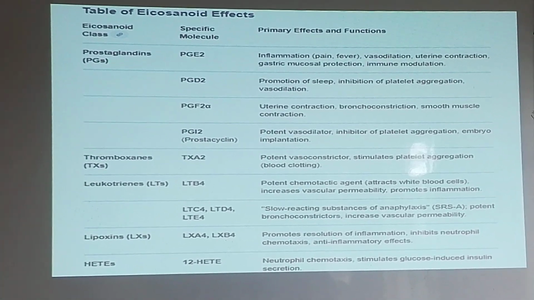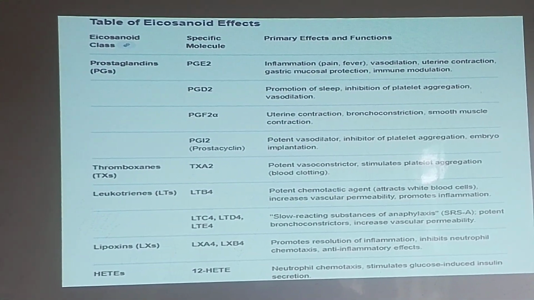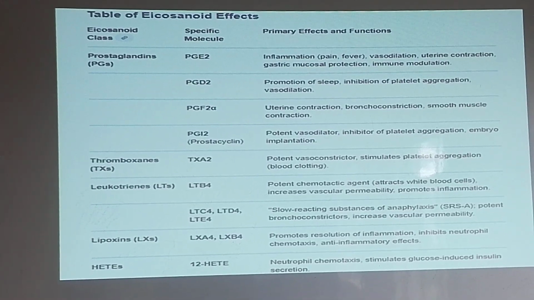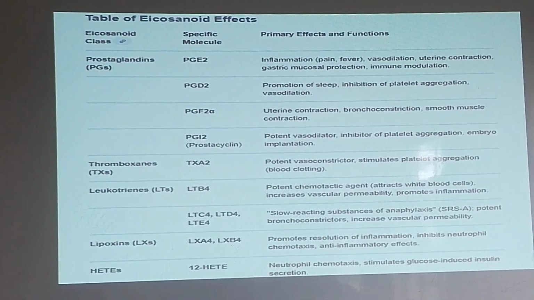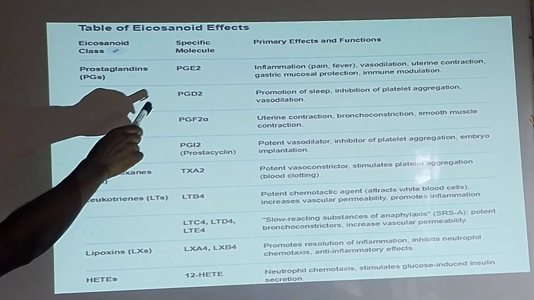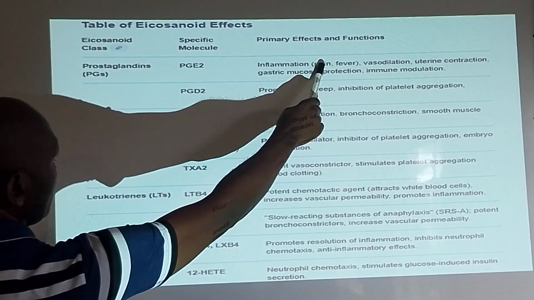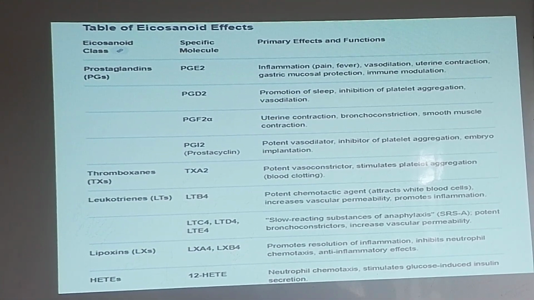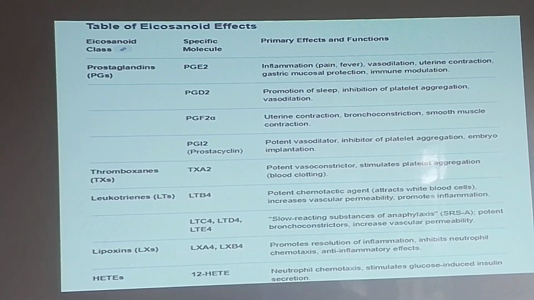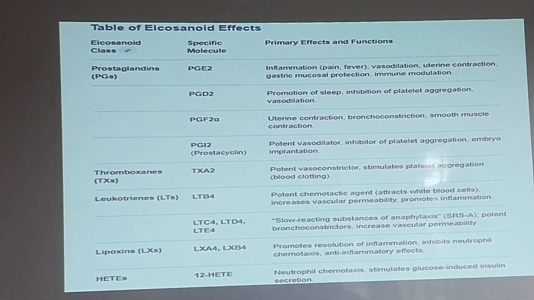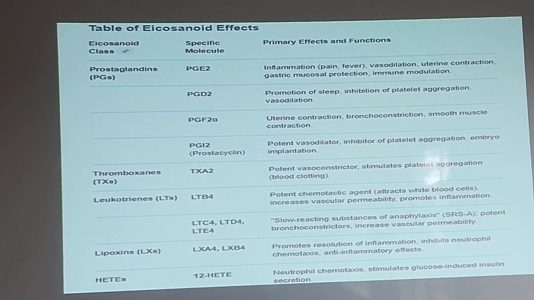So this is another summary of the functions and effects of those metabolites that we have already talked about. You can see prostaglandin E2 is the main custodian of causing inflammation, pain, and fever, that is when activated through COX-2. Then thromboxane is a potent vasoconstrictor and it stimulates platelet aggregation.